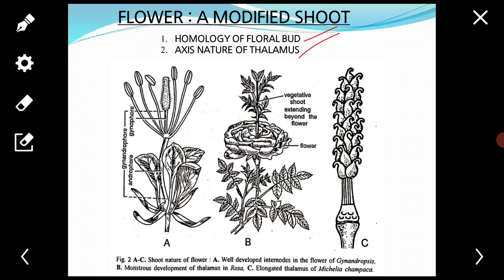The nodes bear floral leaves or floral appendages, that is the sepals, petals, stamens and carpels, internodes being very much shortened or reduced. So all the floral leaves or appendages appear to arise at the same level.